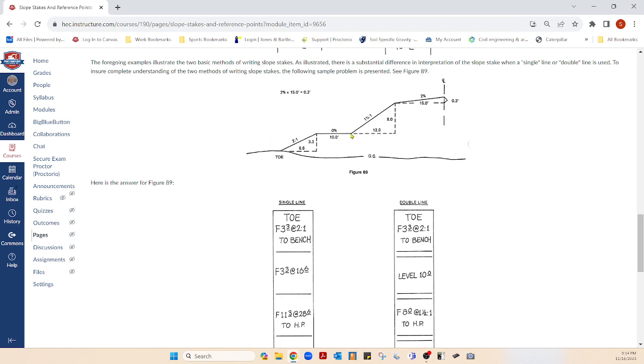So that's a fill of 3.3, and it's going to give me the horizontal rather than me calculating it, because we're changing slopes from 2 to 1 to level. So to get here, it's going to be a fill of 3.3 at 16.6 right there. And that'll put me right there.